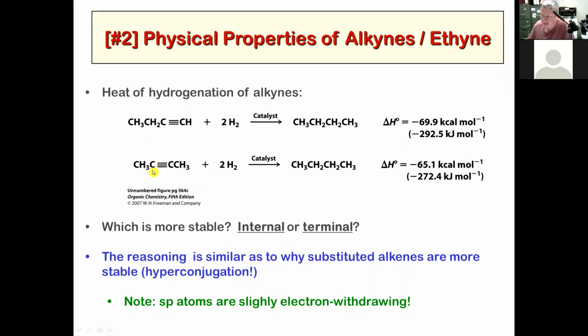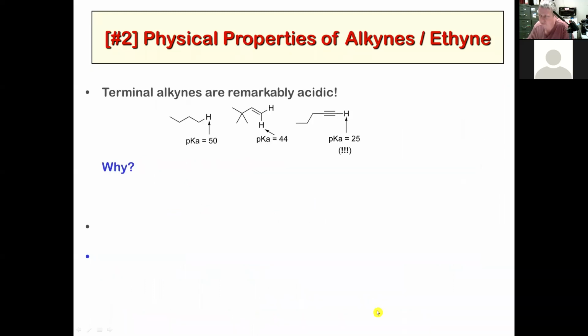Both of these alkyne carbons are sp. They're pulling electrons, and you're giving them electrons to tug on from the CH3s, and that's what stabilizes this. The terminal one, there's only one group on it, and that's not as stabilizing. So the more groups, the more stabilization. That's another way to think about it, and that's because sp carbons are electron withdrawing. Okay, so we'll finish on this really critical topic.